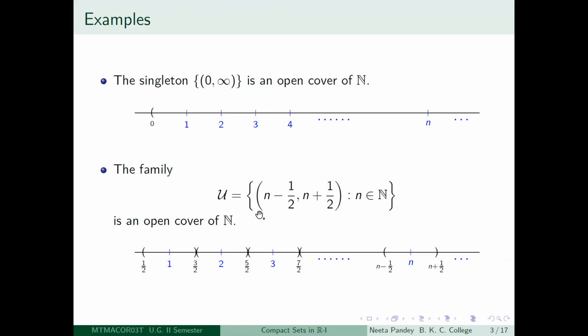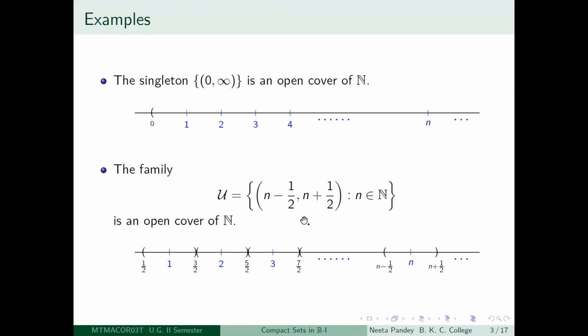So there are countably many open intervals in this family. Here there was only one, so there lambda is a singleton, just equal to 1. And here lambda is equal to the set of positive integers. So the earlier family is just a singleton, and this is a countably infinite family of open intervals.